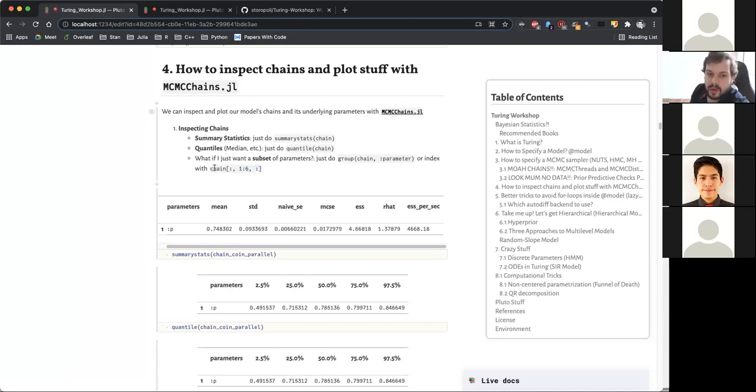So we can also subset our chains object with these, and then we can pass these to a summarystats or a quantile function, and we will get only summary statistics or quantiles for that specific subset of chains.